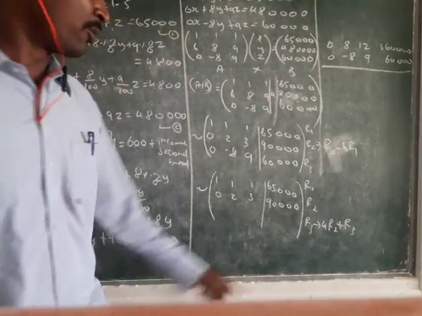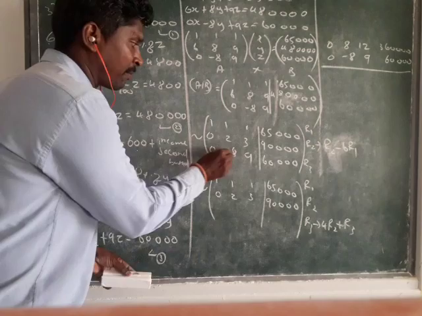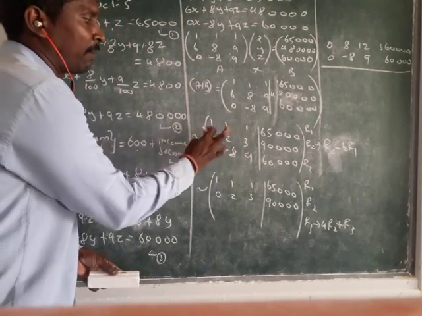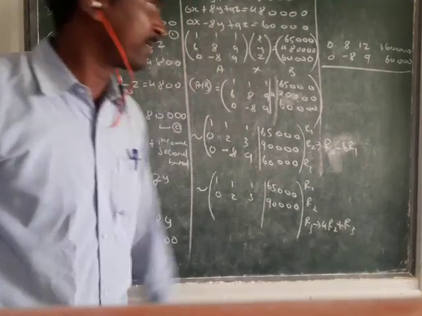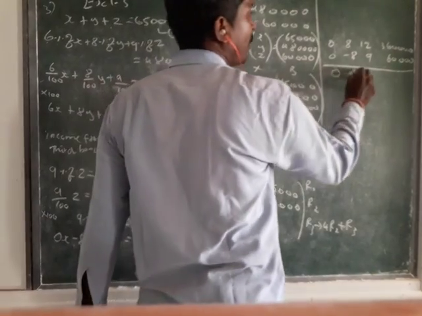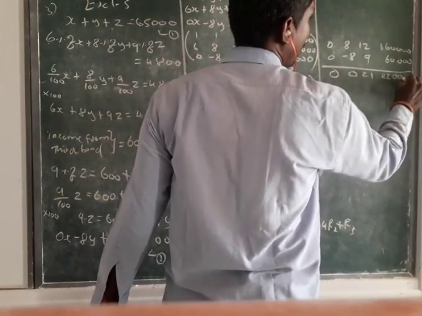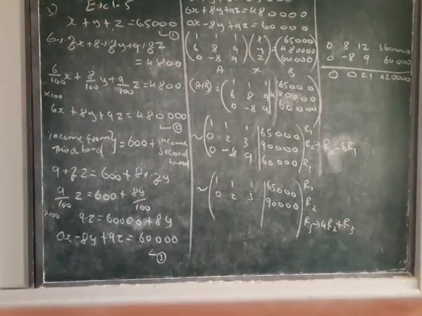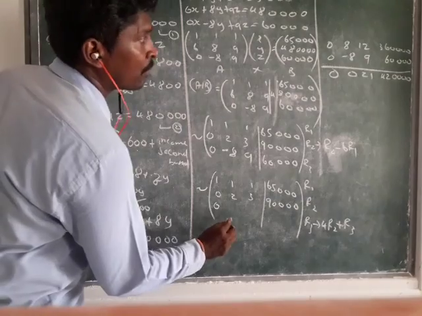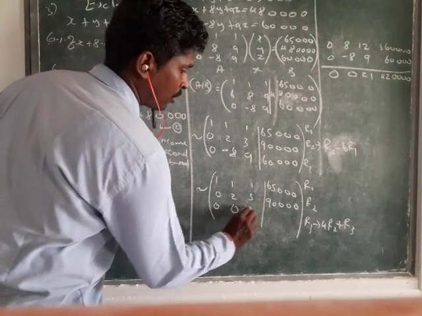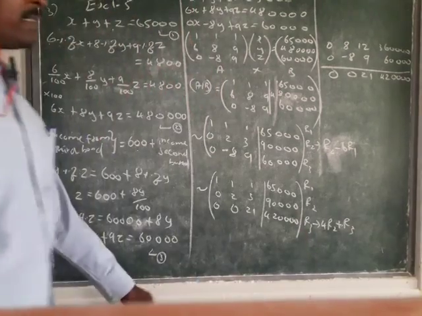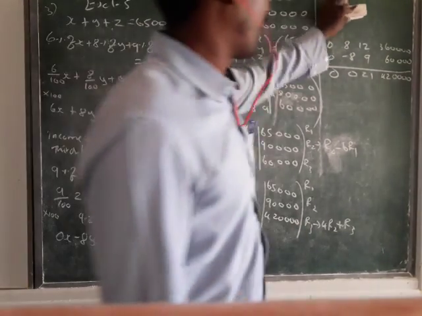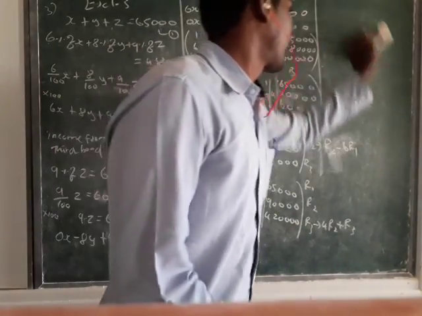You put addition only, because the signs are different: minus is there, plus is there. Just multiply by 4 and add, and you get 0. That's why I write 4R2 plus R3. Now 0, 0, 21, since 12 plus 9 becomes 21, and 4,20,000. So 0, 0, 21, 4,20,000. Now with the help of that, you can find x and y values.